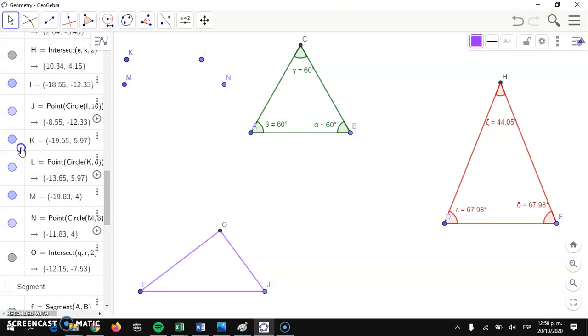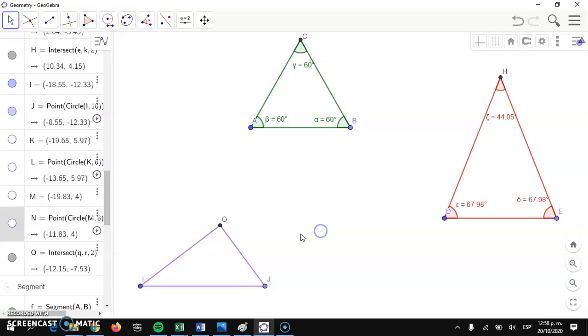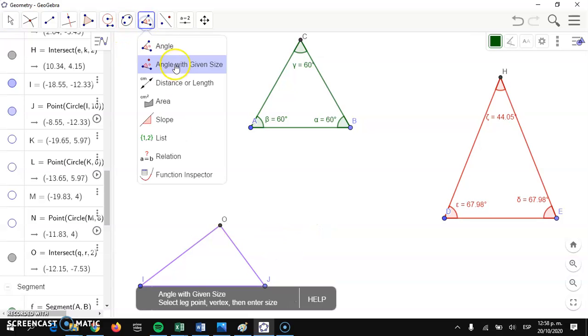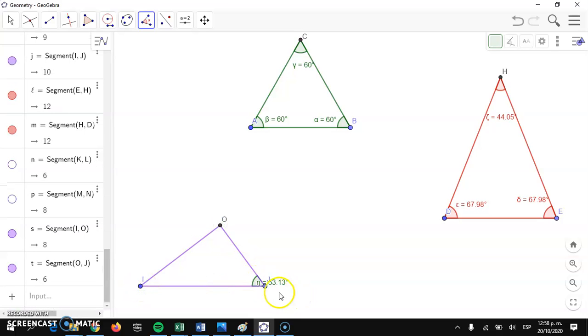So KL, MN, we don't have to see those points anymore. Finally, what we're going to do is to measure the internal angles. So remember, we go counterclockwise, OJI, JIO, and finally IOJ.